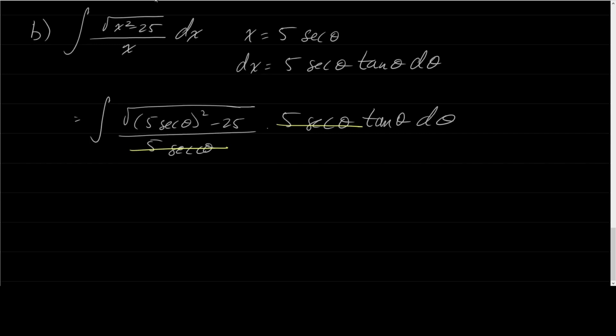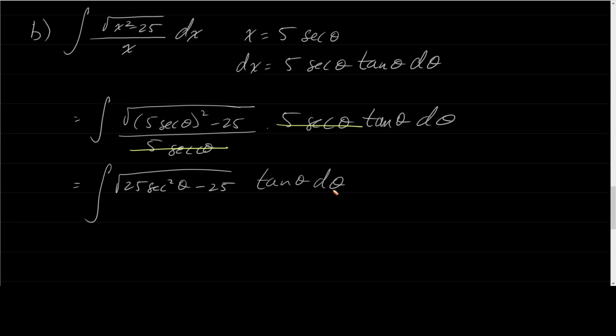Inside that radical, what I actually have is the square root of 25 secant squared theta minus 25. And that's not going to be over anything anymore. The denominator got fully canceled out, and I still have a tangent out here. So tan theta d theta.